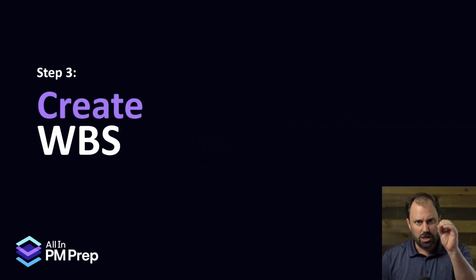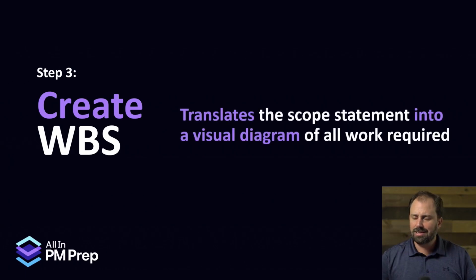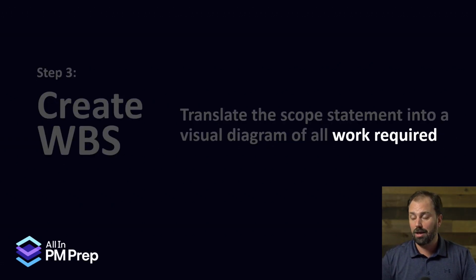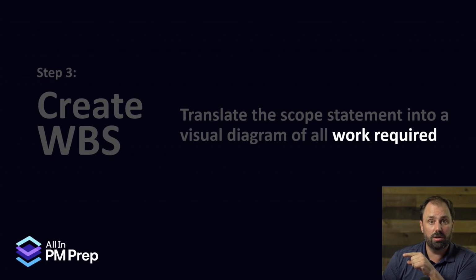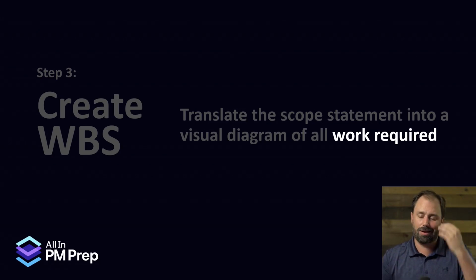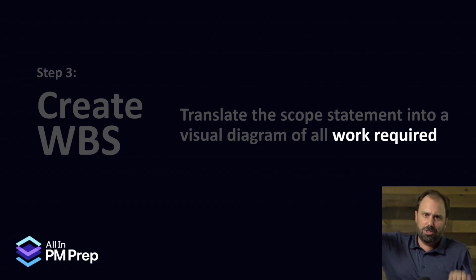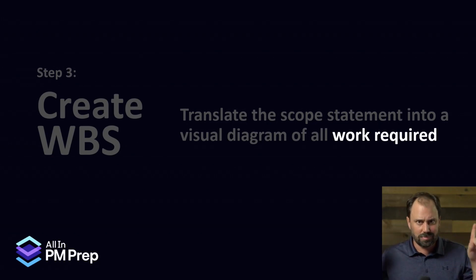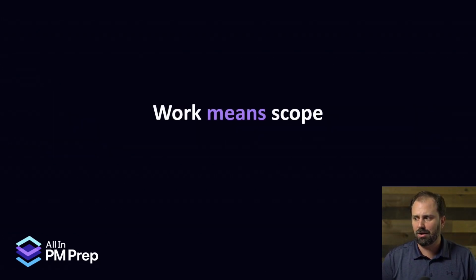Now, create WBS is how we translate that scope statement into a visual diagram of all the work that's required, okay? And I nailed down another word, work required. Now, when I think of work, I think about sweating, like digging a ditch, like doing an action. That ain't the work that we're defined here.